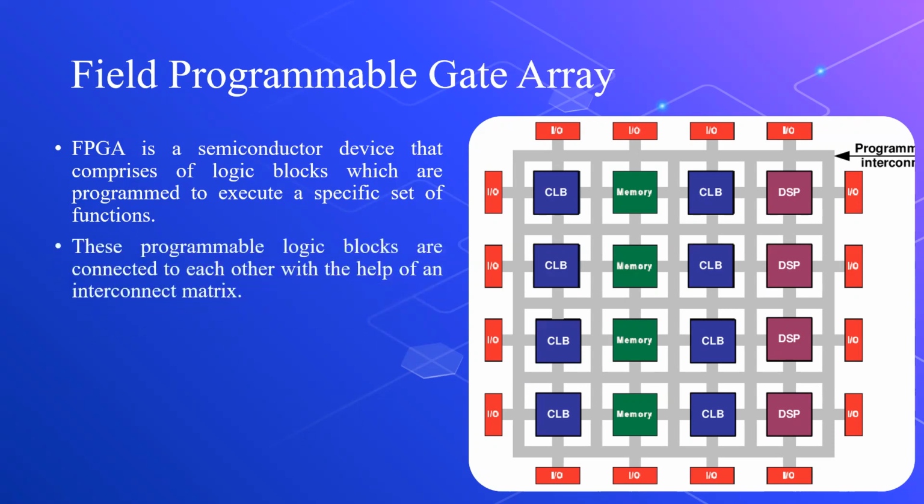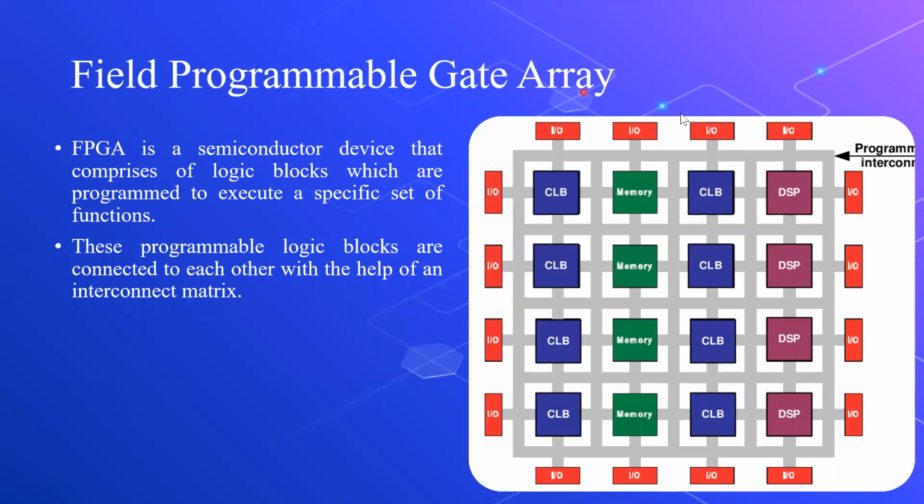These programmable logic blocks are connected to each other with the help of an interconnect matrix. Here, the interconnect matrix we are representing with the hash color lines. So these are the hash color lines which are used for interconnecting these logic blocks: these logic blocks to DSP, these logic blocks to memory, and these logic blocks to input-output connections.